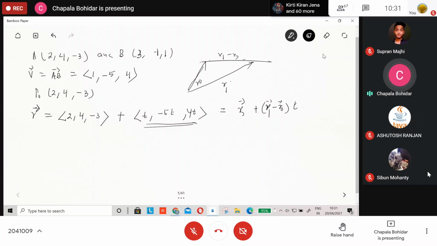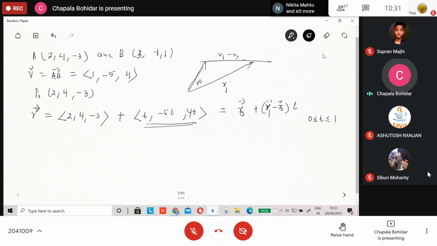Okay. So this is one formula for having 2 points on the line, where t lies from 0 to 1, that is, 0 is less than or equal to t is less than or equal to 1. Always we consider the value of t as lying from 0 to 1.